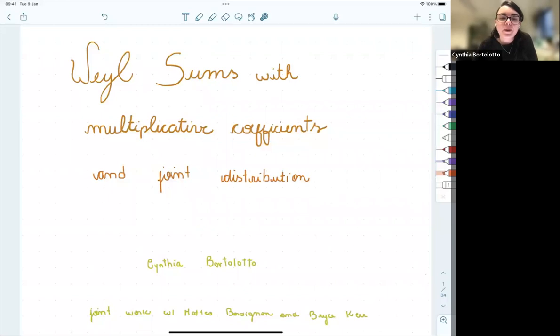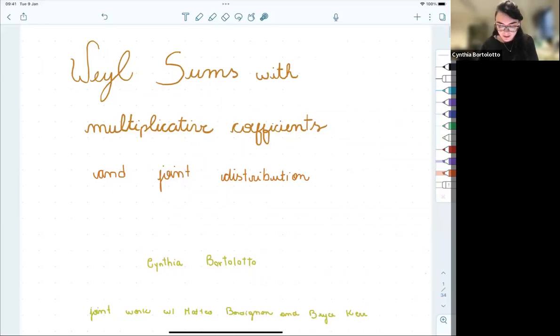So I will be talking about Weyl sums with multiplicative coefficients and joint distribution. The talk is given in two parts. We're going to first start with joint distributions, and then we're going to see that to prove what we want, we need to study some Weyl sums.